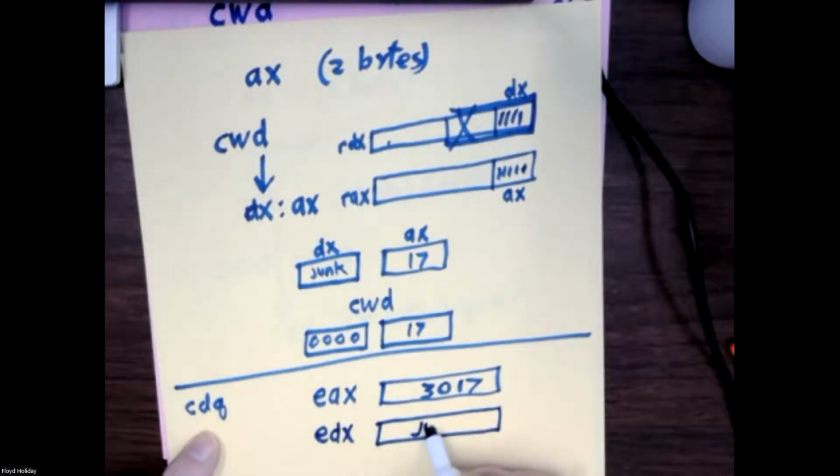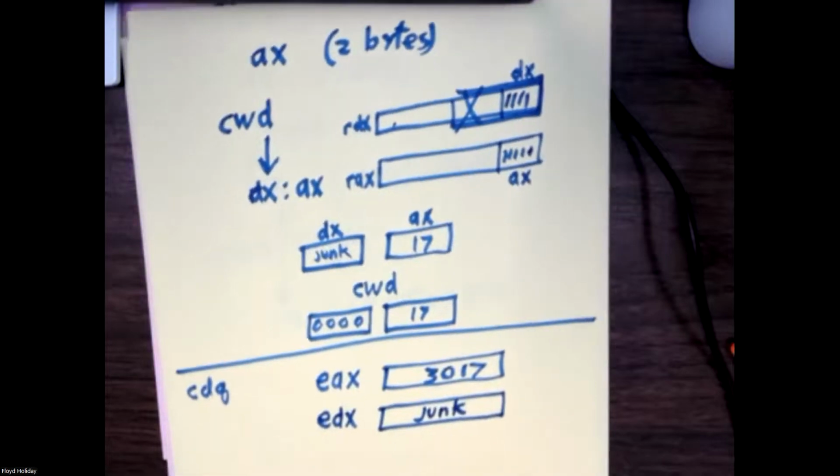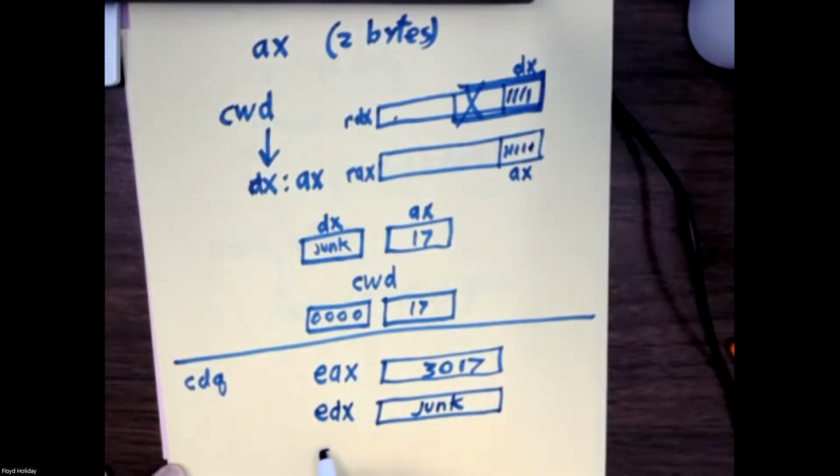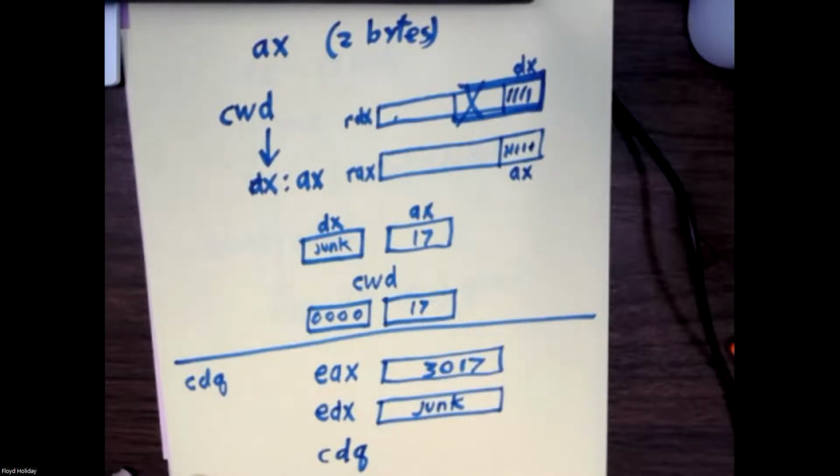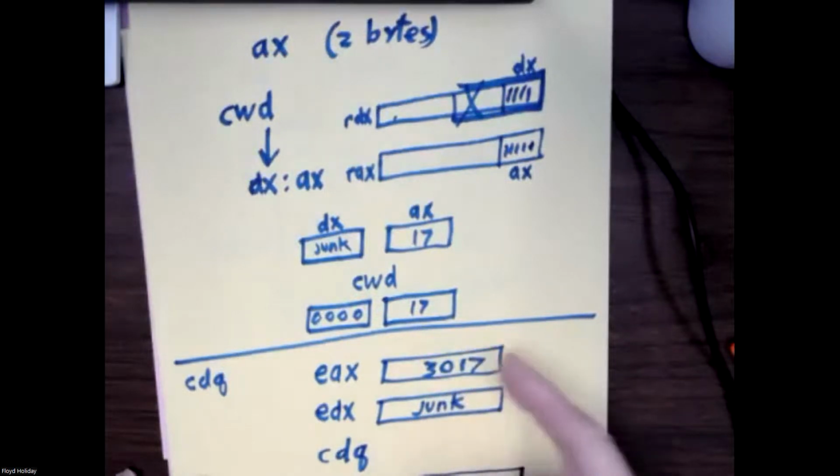It has some junk. We don't know what it has. Then you issue the command with no operands, CDQ, and the end result is this number is extended across here so that the complete set, treated as a single number, here's EDX and EAX, is still 3017, whatever the bits are.